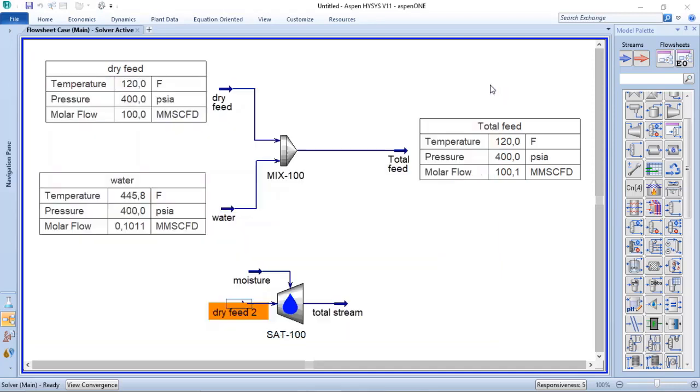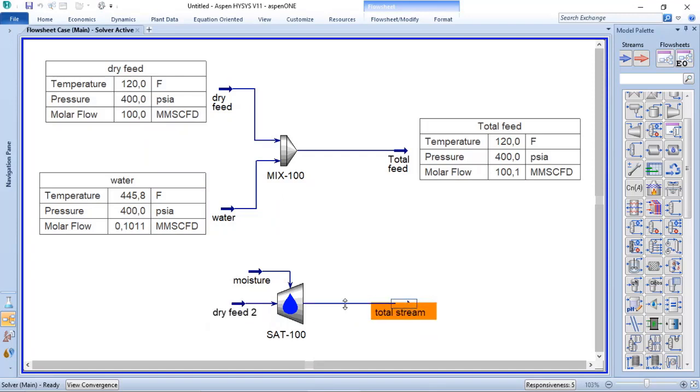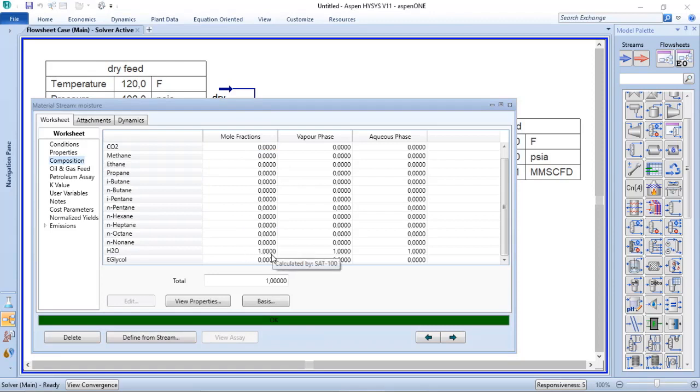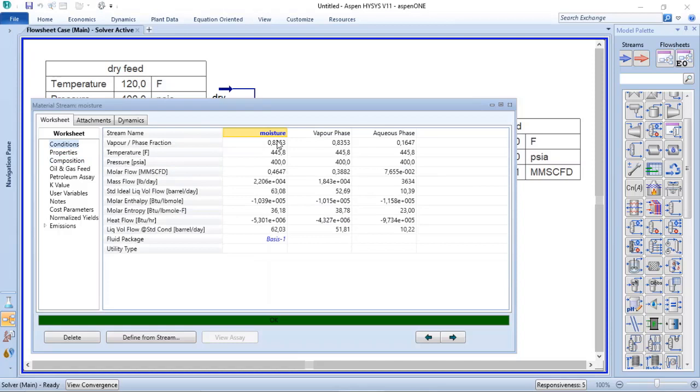Now you can see that my total stream is already defined, and the moisture or water stream was already defined as 100% water, because it is a saturation with water, and the conditions were calculated based on the dry gas conditions.